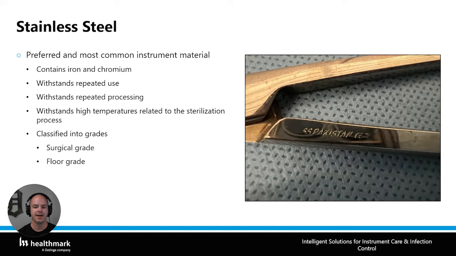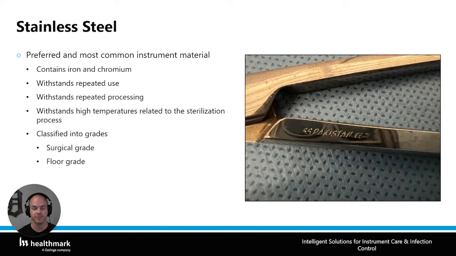It withstands the high temperatures so often related to the sterilization process, which is really important. And there are some things we need to know about the grades that stainless steel instruments come in. We have surgical grade and we have floor grade. Surgical grade should be what you most commonly see going to your operating room.